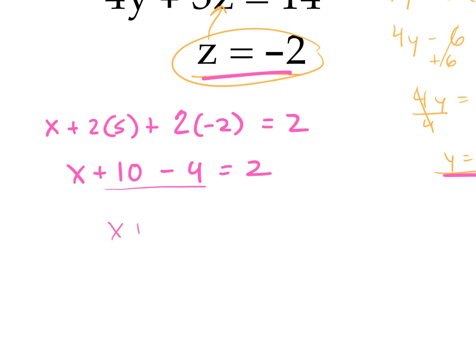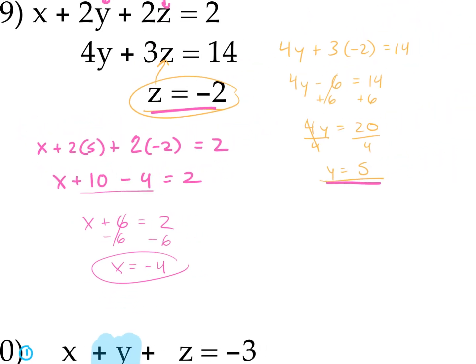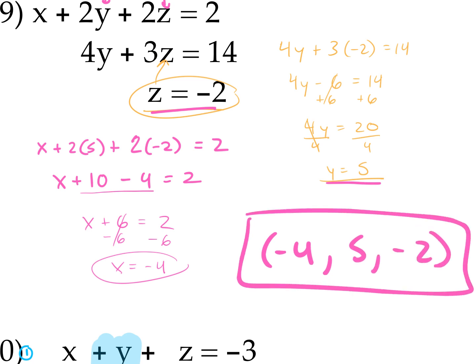So we have x plus 6 is equal to 2. Then what? Subtract 6. So x is equal to -4. How would I write my answer? Awesome. -4, 5, -2. Remember, the -2 comes from the z here.